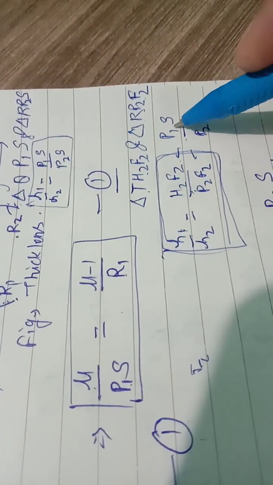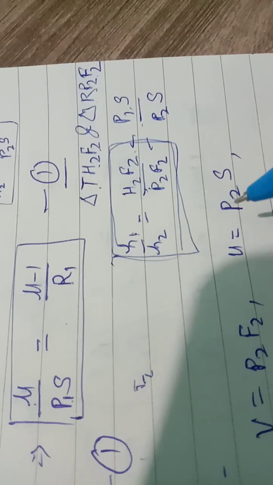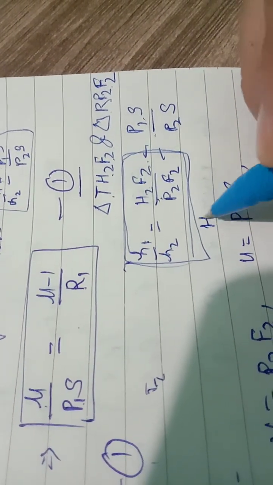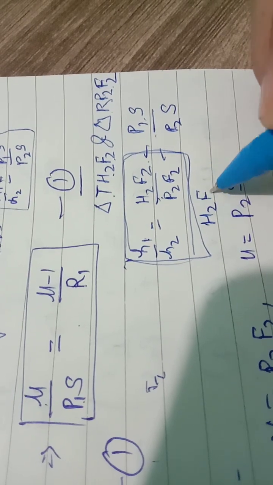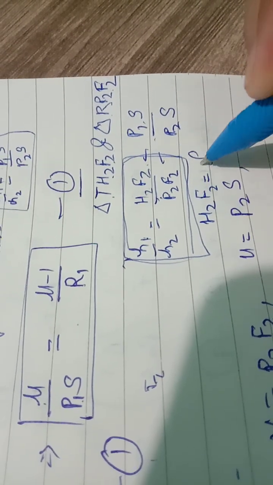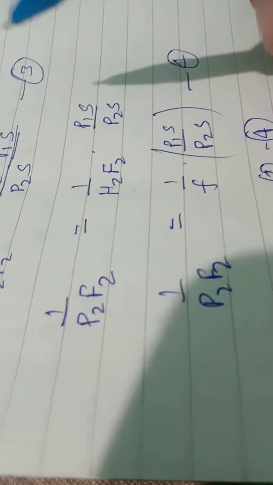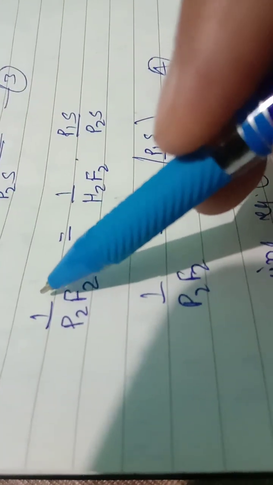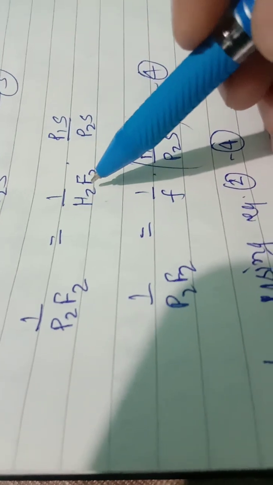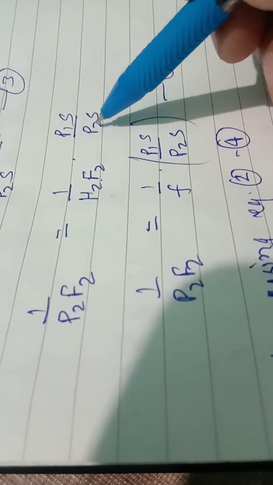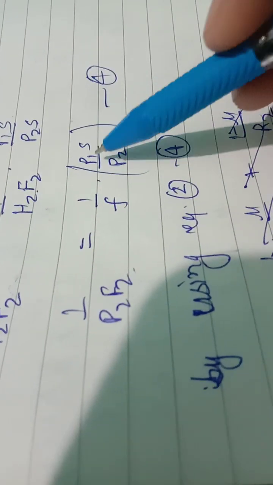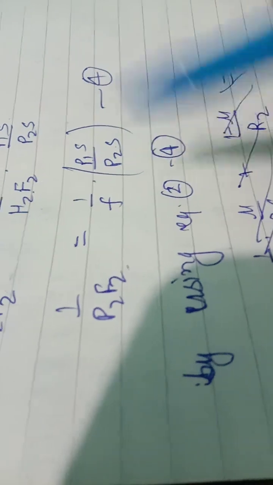S2F2 is equal to F. In the previous equation number 3, I can take S2F2 as the right hand side and P1S upon P2S, and this is 1 by P2F2 equal to 1 by F, P1S and P2S.